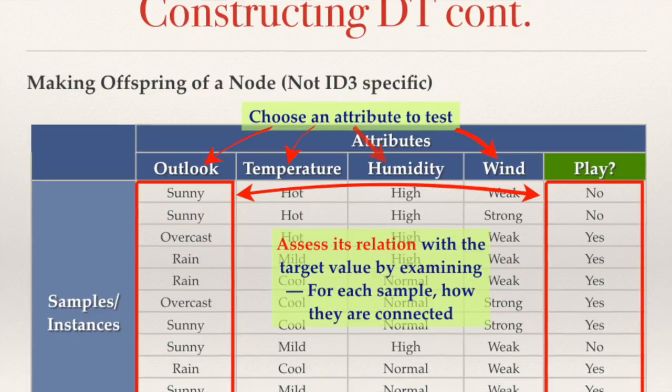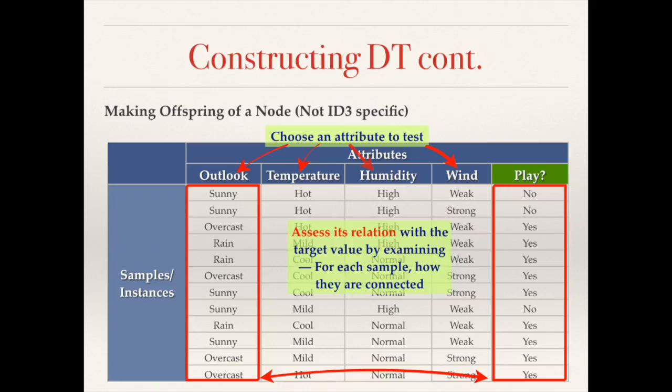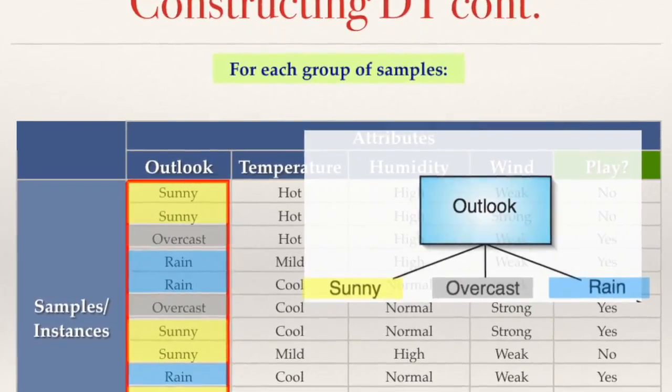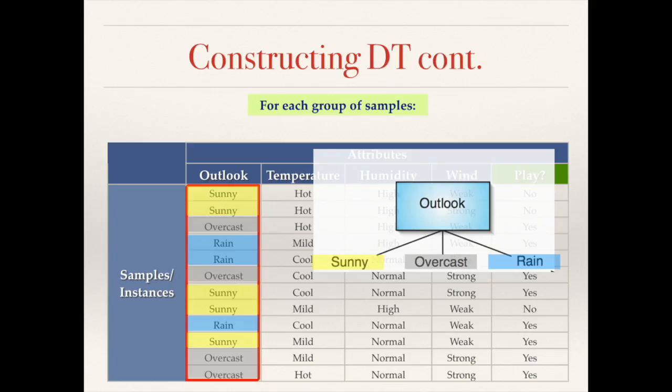We quantize this relationship and choose the most related attribute to test at the root of the tree. Now we have the root of the tree, and for the root attribute, we have three possible values. In this case, they are sunny, overcast, or rainy.